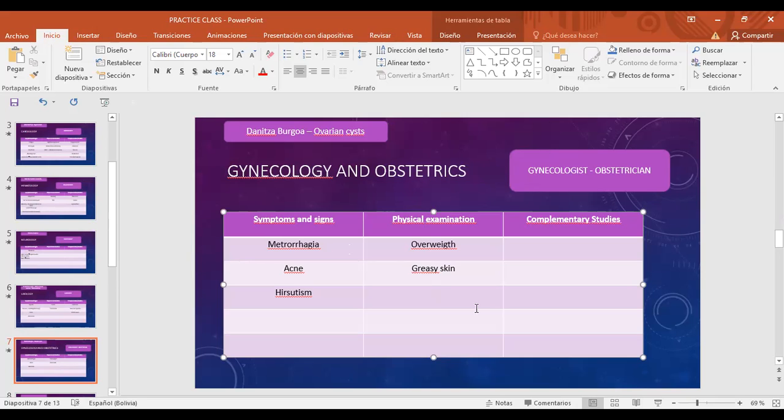Also, the patient can have certain areas in the skin, and I don't know how to say it. But I remember that I read about it. Certain dark zones in the body. Yes, that is related to insulin resistance.